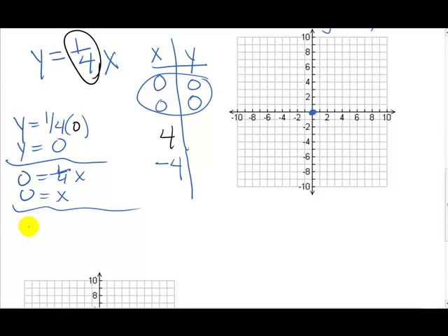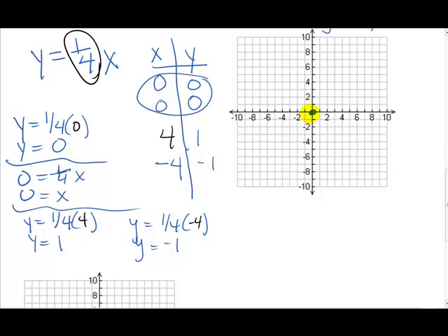We'll have y equals 1/4 times x, and we'll put 4 in there this time. And then we'll do it with a -4. So this will be -1.